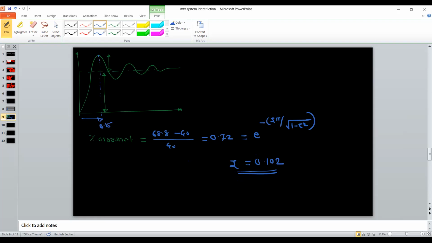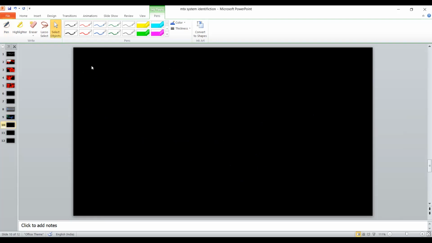Okay. So formula for peak time, this is pi upon omega n square root 1 minus zeta square. So this is 0.15.